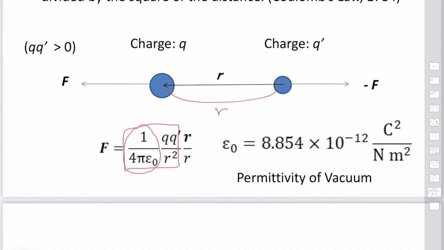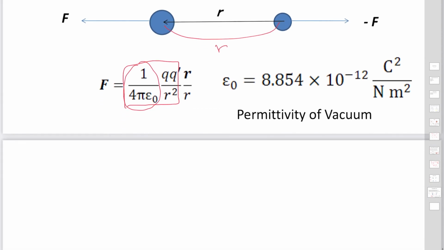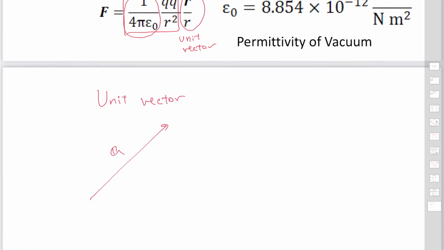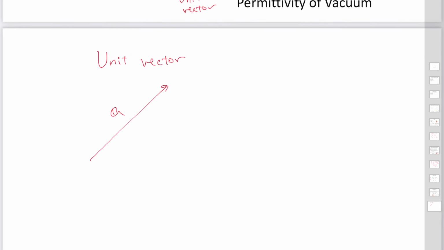To describe the direction, we need to multiply by the unit vector. I'd like to explain unit vectors. If you consider some vector A, this vector has a magnitude of A. A unit vector has a magnitude of 1.